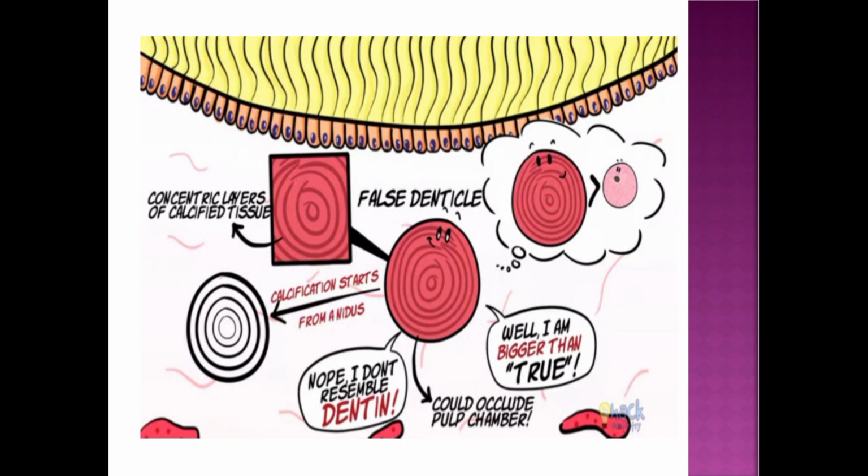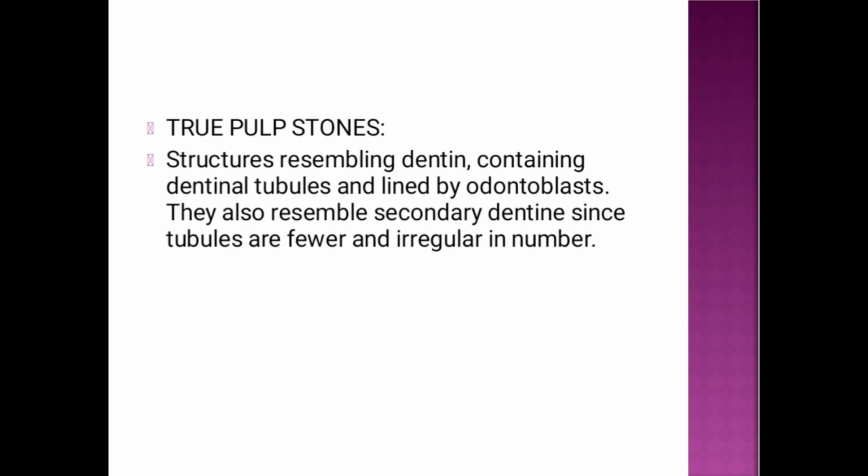It is actually larger than the true one. Now moving towards the true pulp stone. It has structures resembling dentine, because it has dentinal tubules, but the false pulp stone does not have dentinal tubules, and the true one also has odontoblasts. They also resemble secondary dentine, where the tubules are fewer and irregular in number.